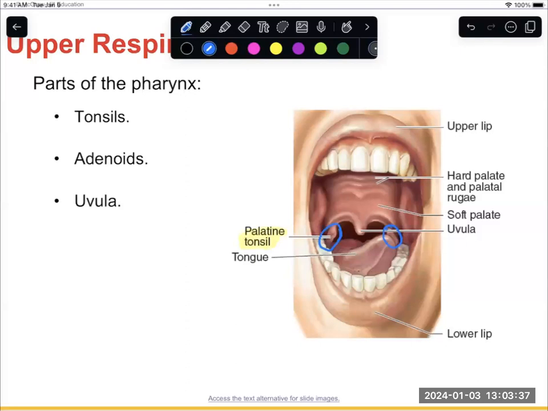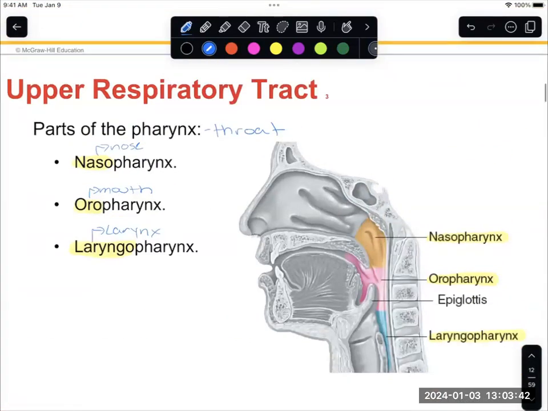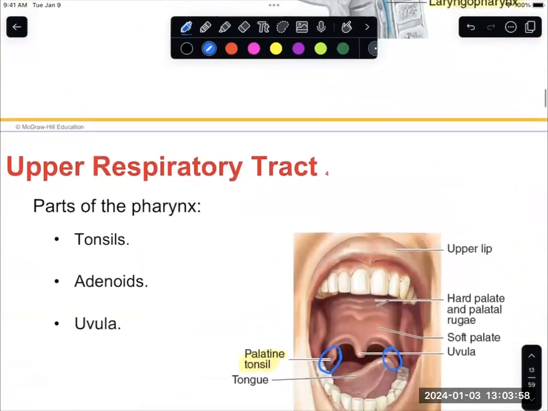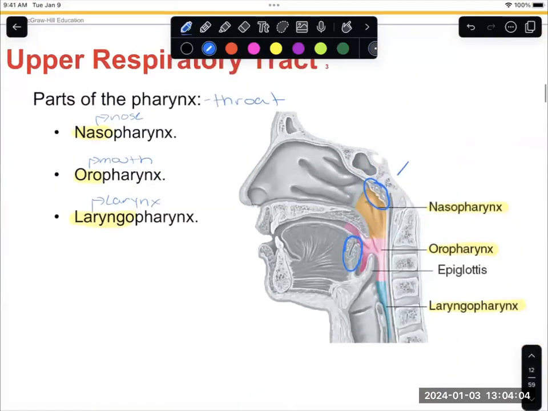That would be tonsils. I have a side view. Here is another set of tonsils. And then we have adenoids up here in that nasal cavity. That is where we find the adenoids in that nasopharynx, which is located right here.